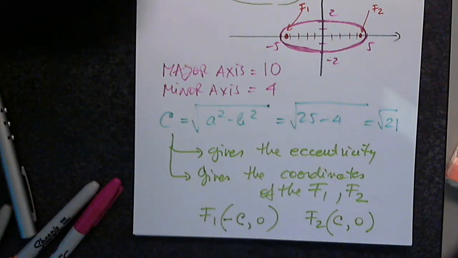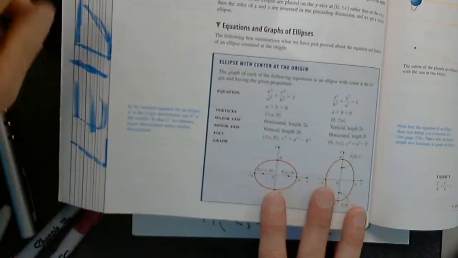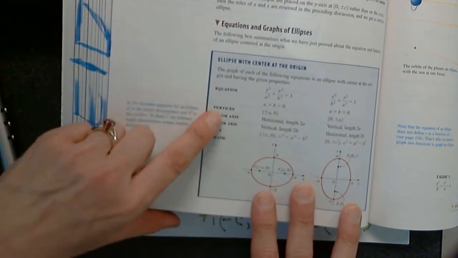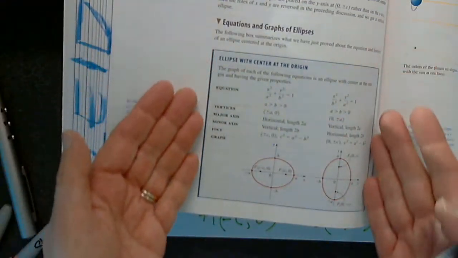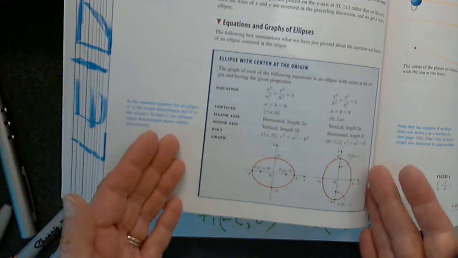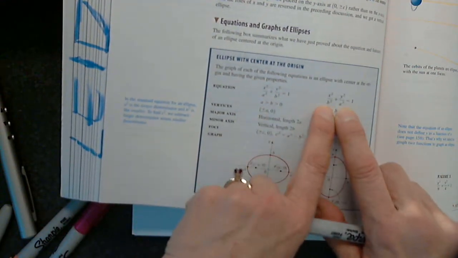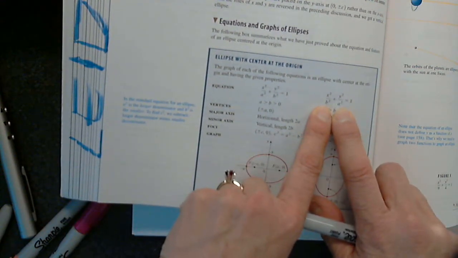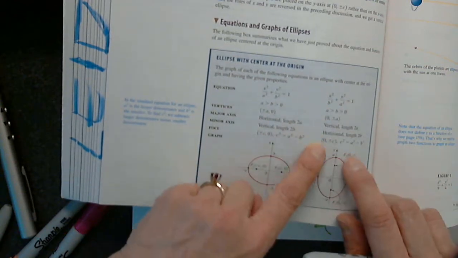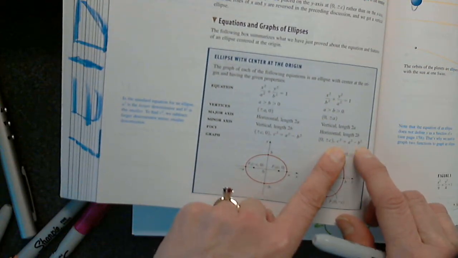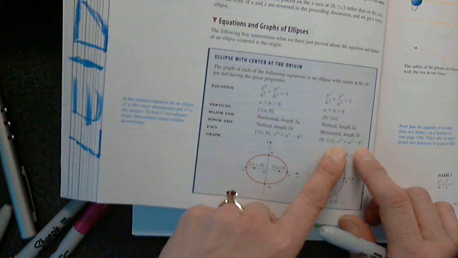I like the summary in the book, but sometimes the summaries are a little bit confusing. You find them on 734. They do present in parallel the two possibilities, but I don't like the fact that they switch these. Well, they switch these because they want to stay with a squared minus b squared at all times, which is fine.